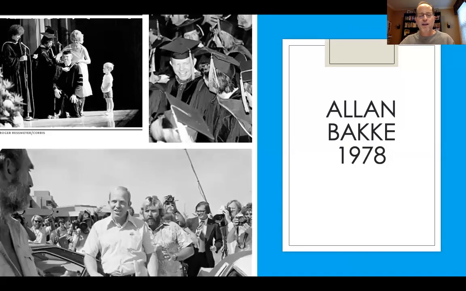In the late part of the decade, 1978, this case we will look at later again. Allan Bakke was denied admission to medical school in the UC system. It was a system that had a strict quota in it, and that system of quotas for the number of minority candidates would be struck down.